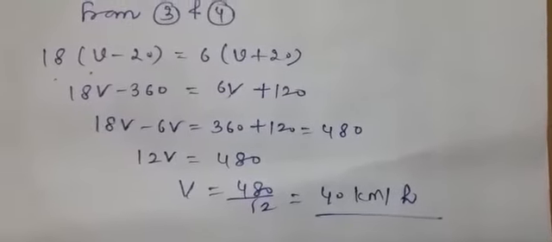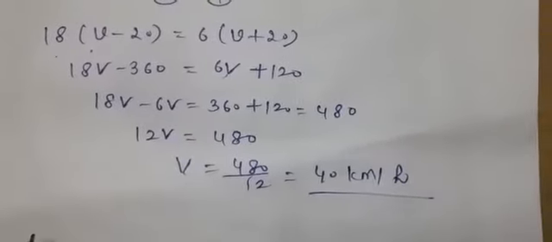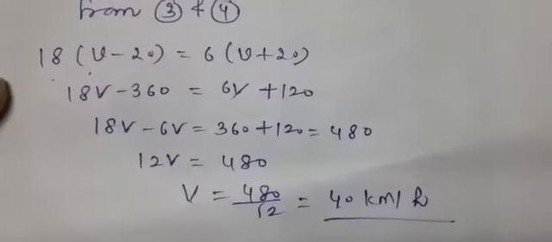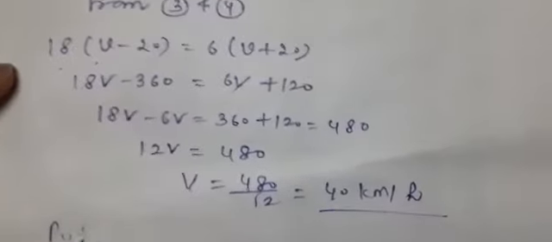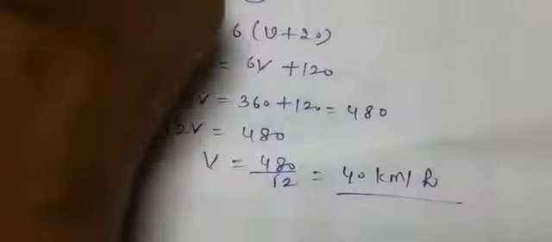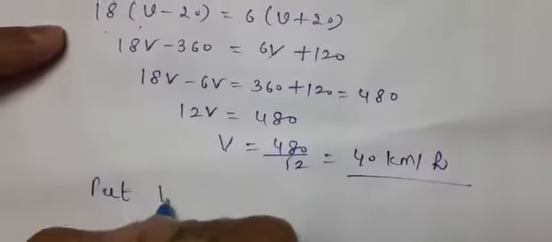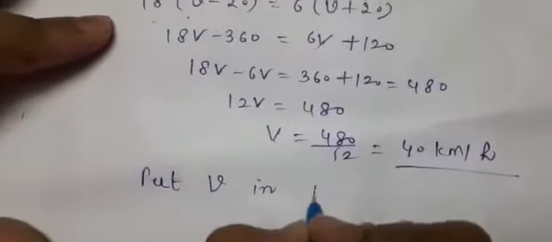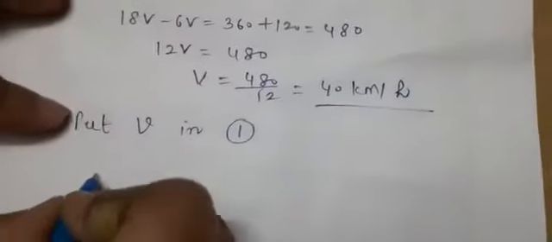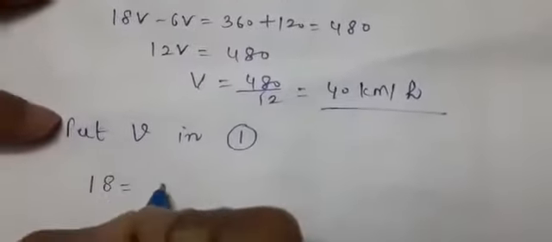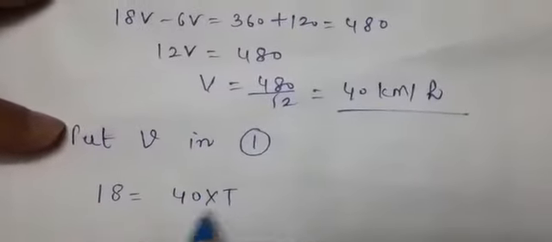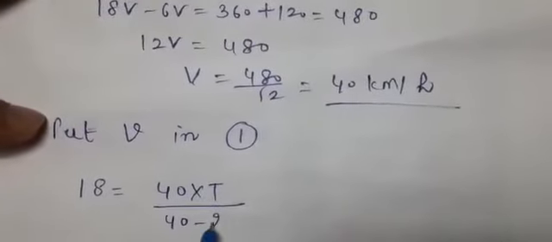Now you also have to find the time after which the bus is starting. Now put the value of V either in equation 1 or in equation 2. So it is 18 equal to 40 into t upon 40 minus 20.